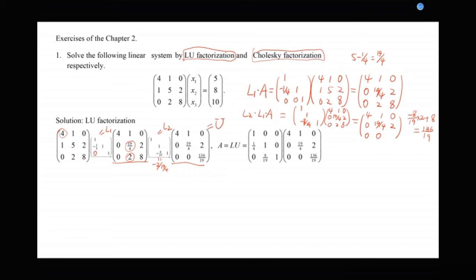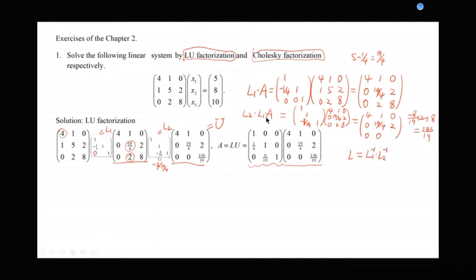Now you need to write A into LU factorization. We obtain matrix U like this, and you need to write matrix L. How to obtain matrix L? Now we obtain L1 and L2 here. You should know the matrix L is L1 inverse multiply L2 inverse.